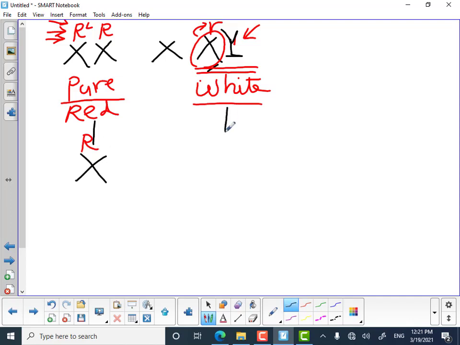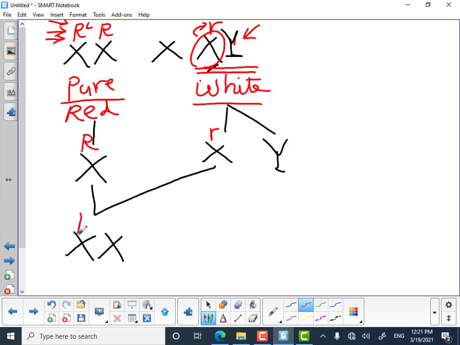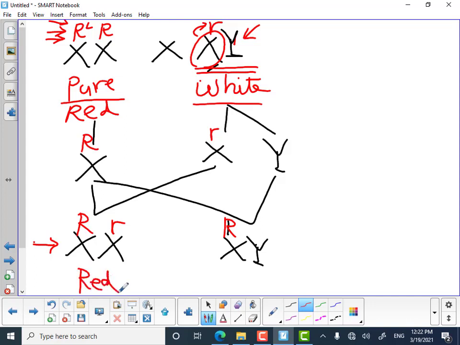And in this male, we have two gametes, X and Y. This X chromosome carries the recessive character of the white eyes, and when these two gametes mate with each other, the offspring will be R capital R small, and another one will be X, Y. Like we show, this female will be red color, and this male will also be red color.